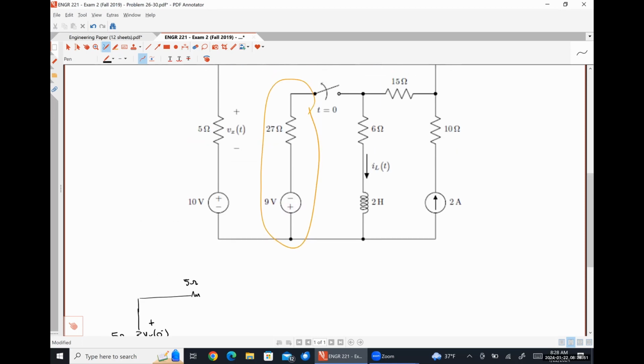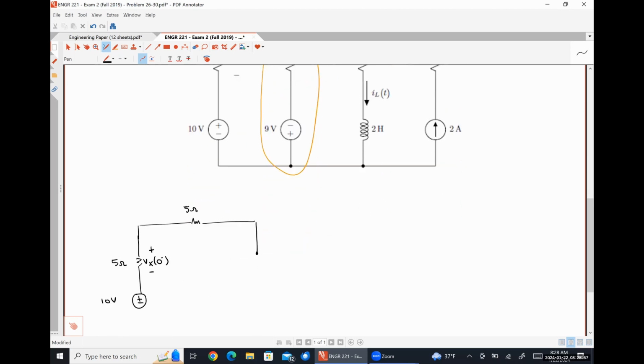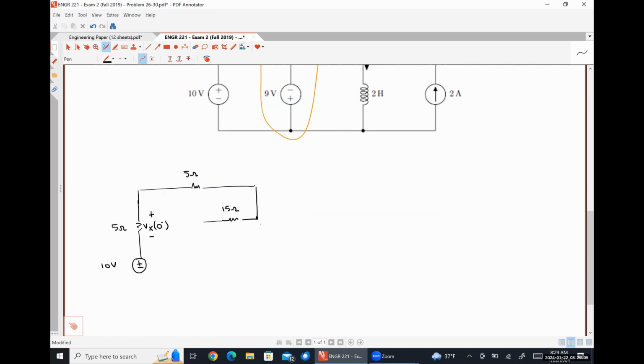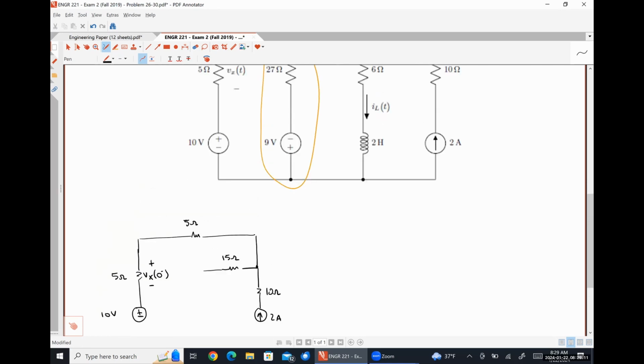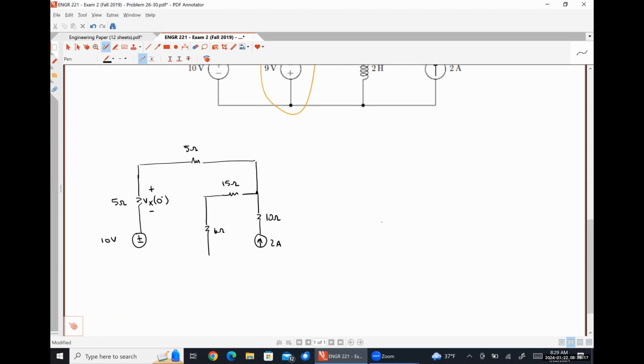Here's our 5 ohm resistor on top. 15 ohms goes here. 10 ohms. 2 amps. 6 ohms.